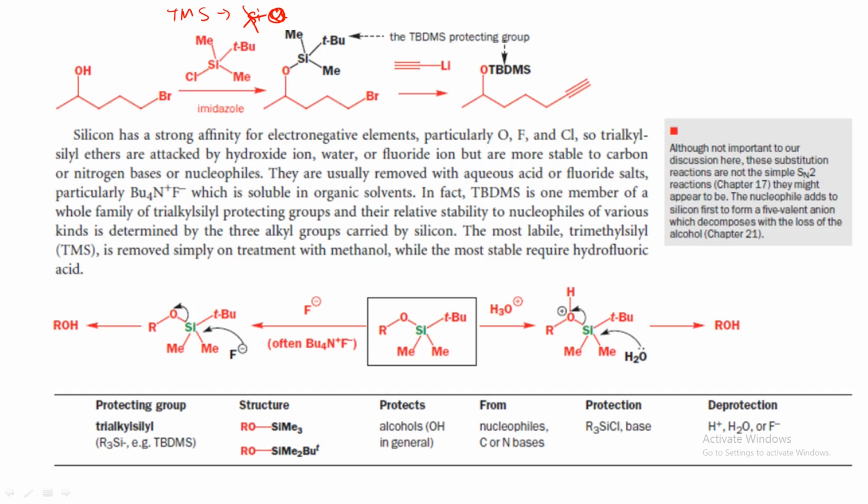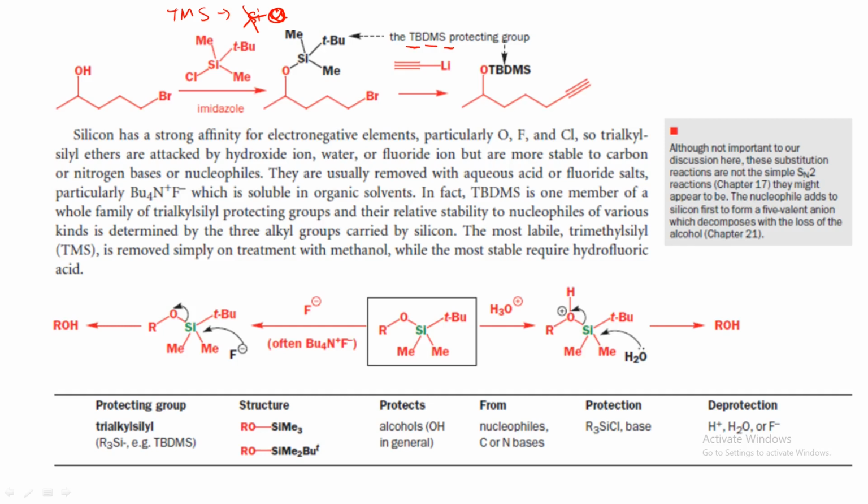That's how this tert-butyl, TB, came, and dimethylsilyl protection group. That's how TBDMS. And why TMS? Because trimethylsilane. So that's how the naming came. I think you can go to any book and see the namings.